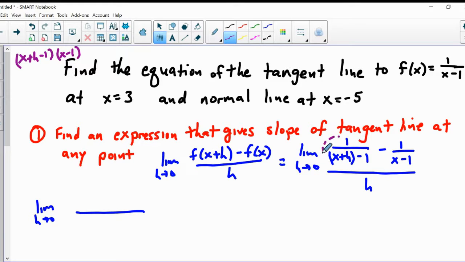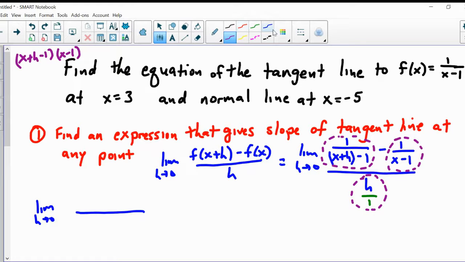So I have this term, this term, and this term. And if I think about the term in the denominator, I can really think about it as h over 1, because all three of these things I'm going to treat like their own individual fractions.